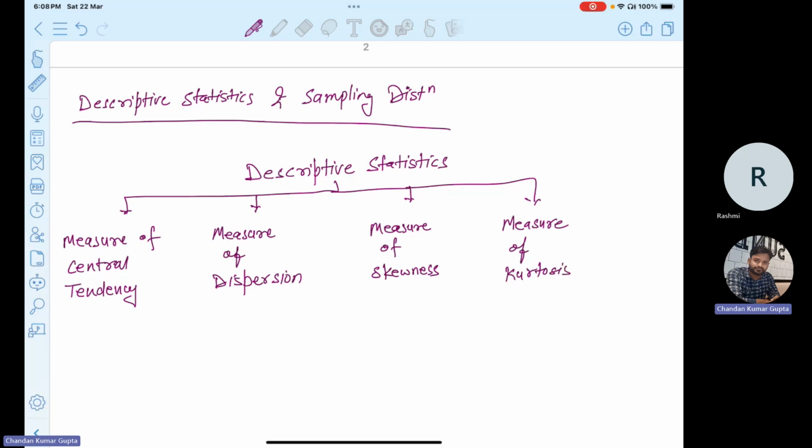These are the main four things we need to know about any kind of data so that we have some descriptions about that data. Those descriptions can be defined on the basis of these four measures.